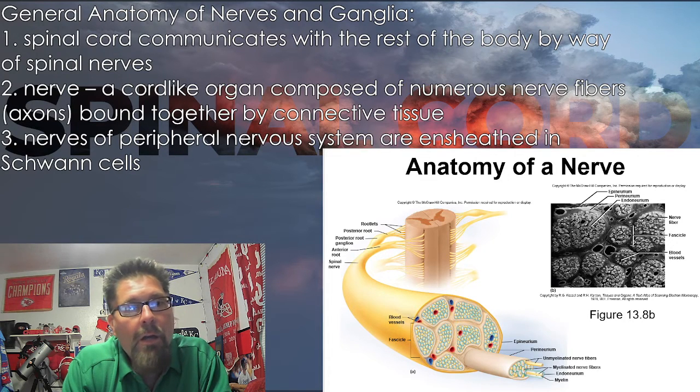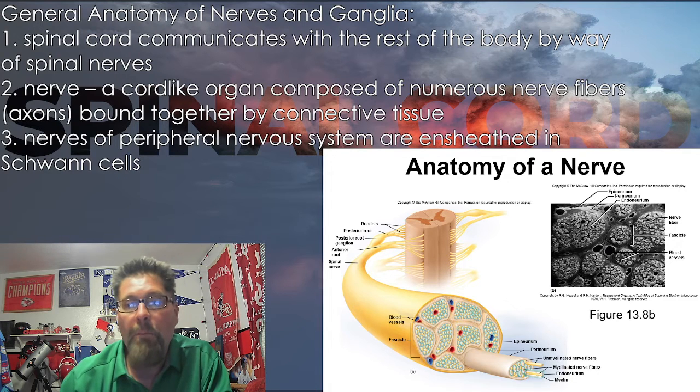The epineurium and the perineurium are the top two on the right-hand side. And then the endoneurium is the fifth one down. These are the coverings, and they're going to separate different things, and we're going to talk about those. But I wanted to point out where the words are now because the next picture is a little bit smaller.